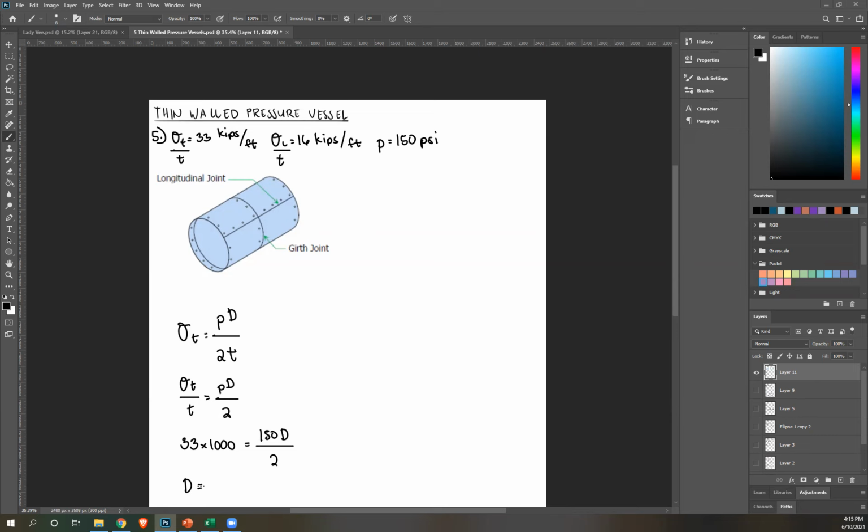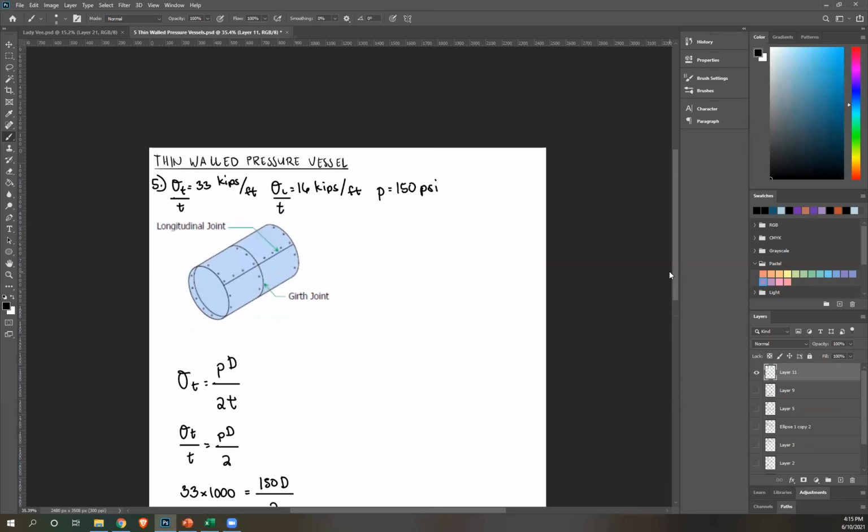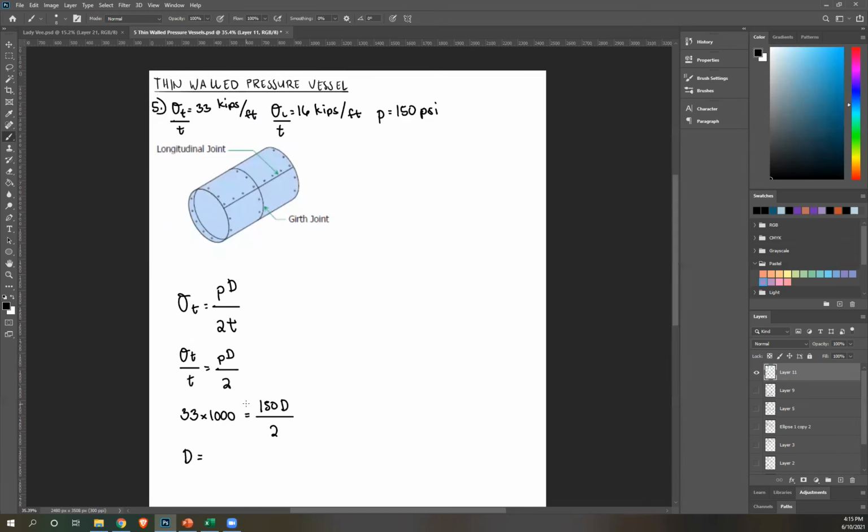Oh wait, sorry. My bad. Di pa tayo tapos. Wait lang. Okay. Units. 33 kips per feet. PSI. So I need to convert this as well to inches.